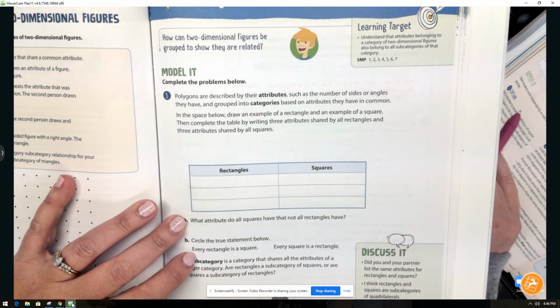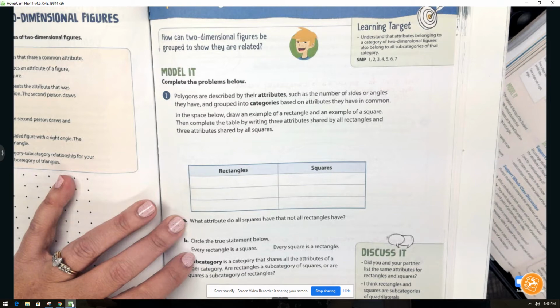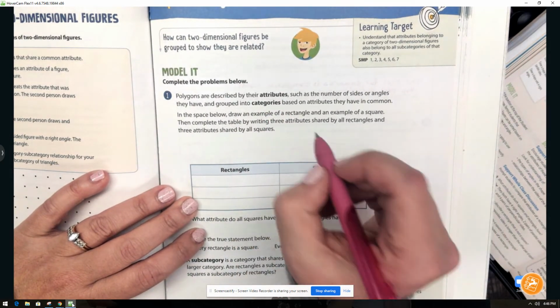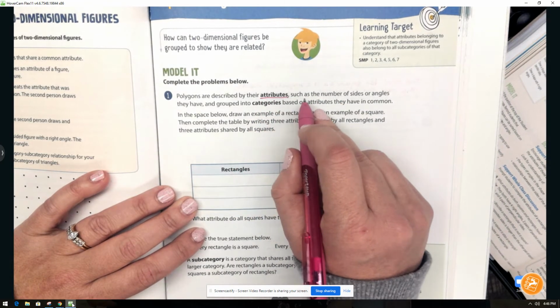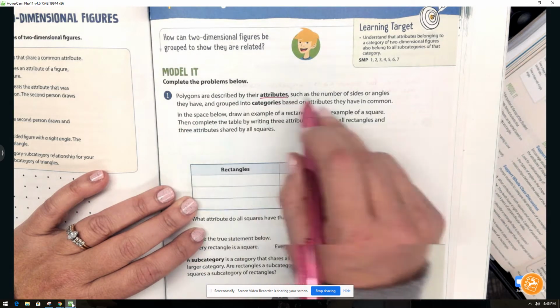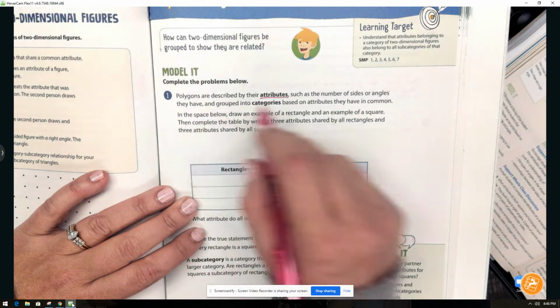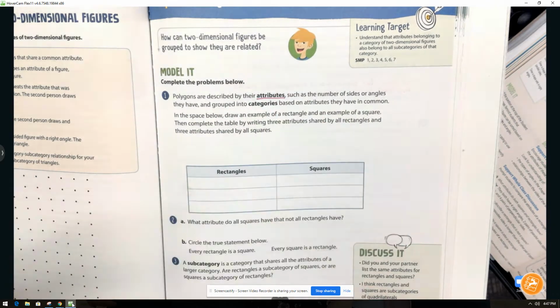So in the model it says this. Polygons are described by their attributes. So the word attributes, what does attributes mean? Well, the good news is they tell us what it means. Attributes are ways that we describe a polygon, such as the number of sides or angles they have. So they're kind of like their qualities, or attributes is another word for qualities.